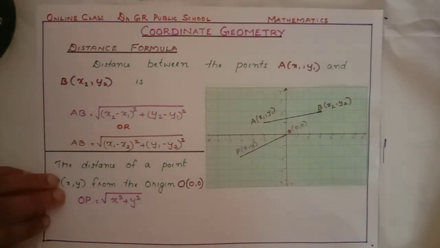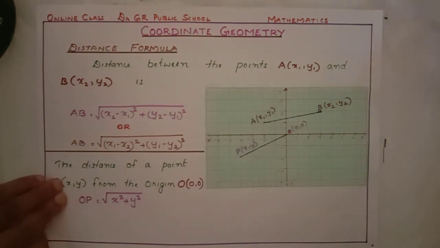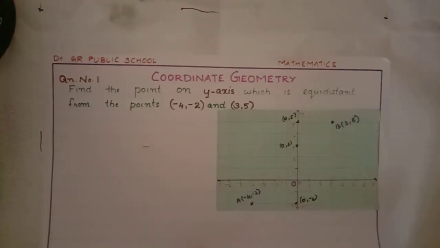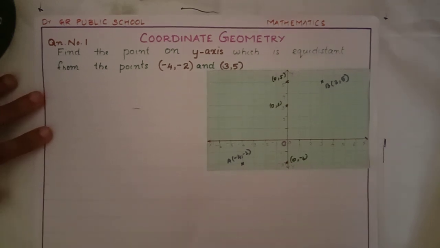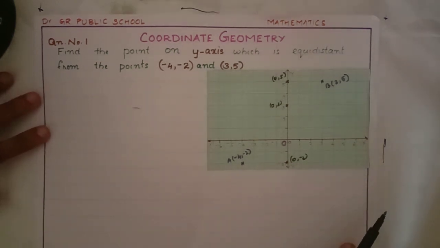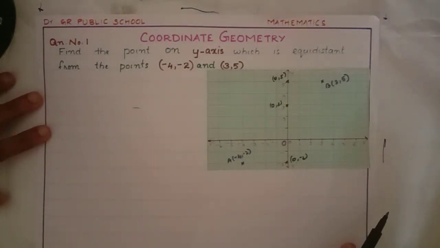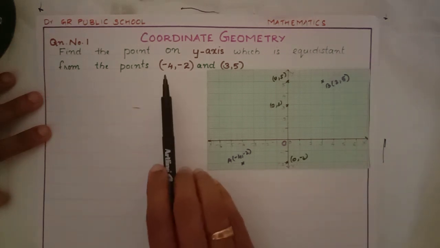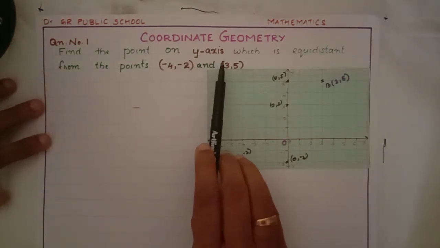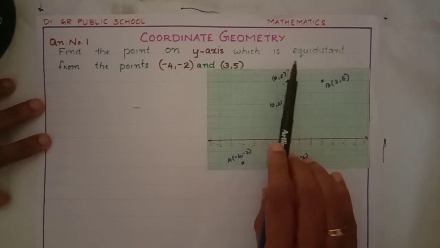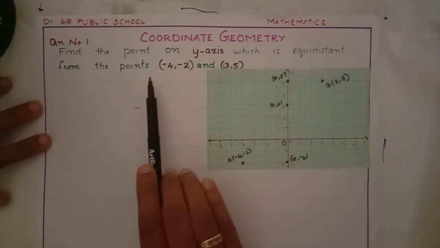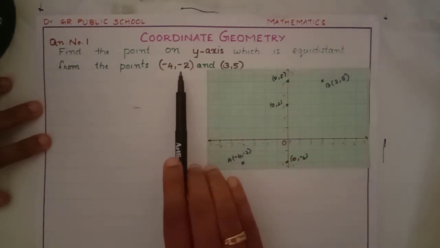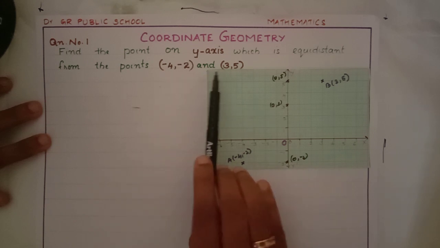So now we are going to discuss some more problems. Next problem. See, first question: find the point on the y-axis which is equidistant from the points (-4, -2) and (3, 5).